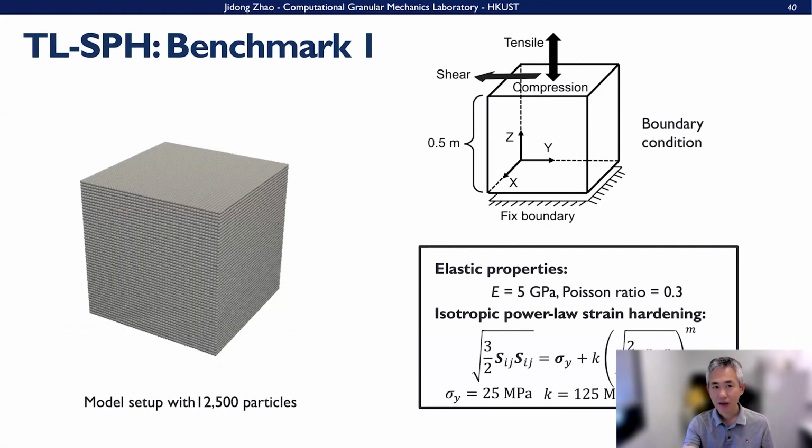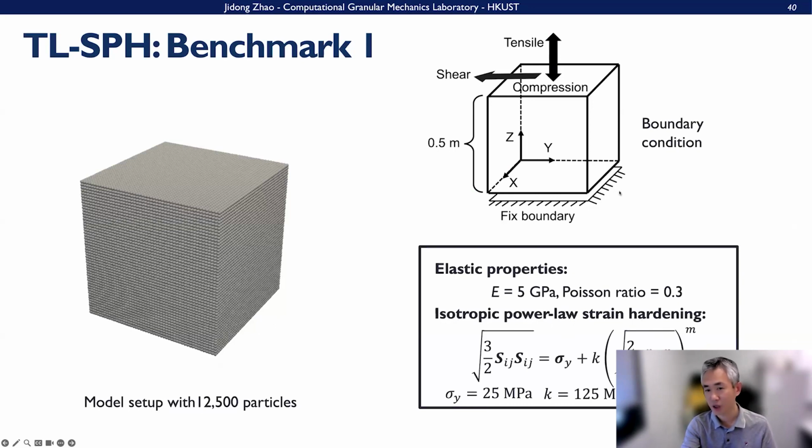We have several benchmarks. One is a cubic packing of SPH particles, where we use 12,500 particles, and the elastic property and power law strain hardening relationship, with model parameters calibrated according to the literature.